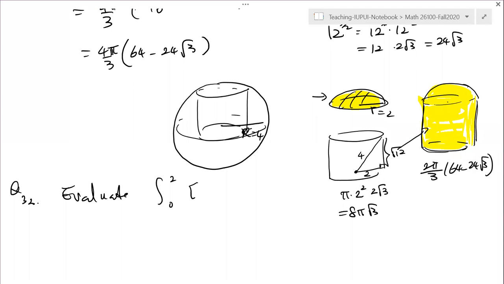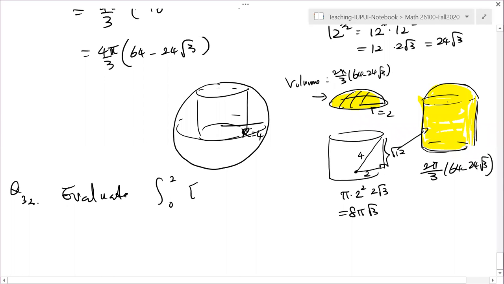Yes, the difference gives you the volume of that piece. It's going to be 2 pi over 3 times 64 minus 24 square root of 3, minus 8 pi square root of 3. After simplifying, we get an answer.